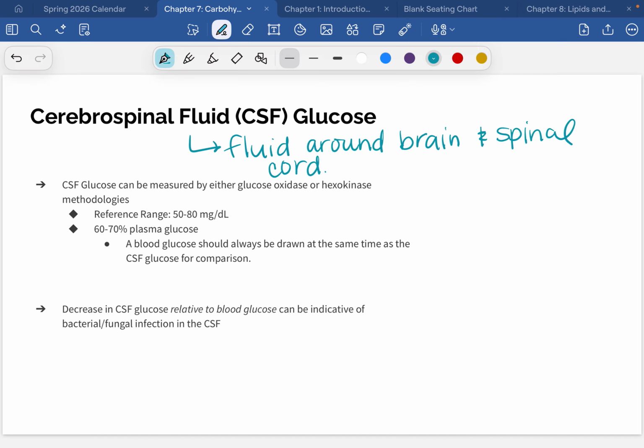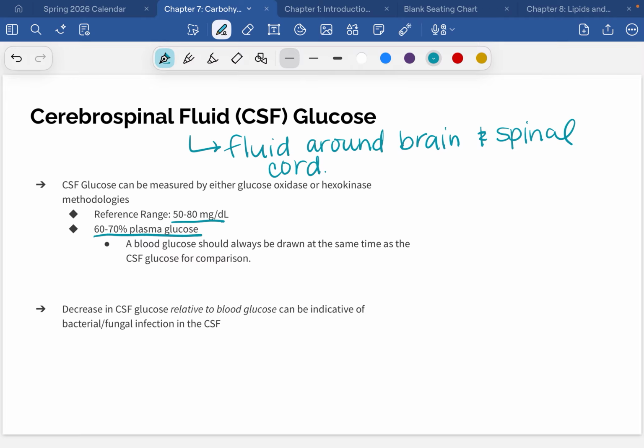The reference range for cerebral spinal fluid glucose is between 50 and 80 milligrams per deciliter most of the time. The other thing we have to take into account is that a person's cerebral spinal fluid glucose should be about 60 to 70% of their plasma glucose.